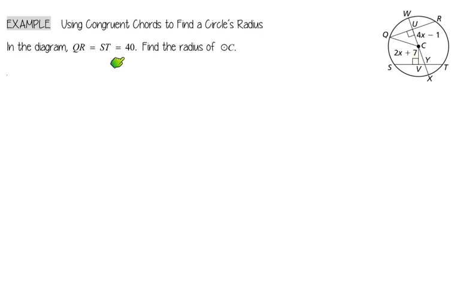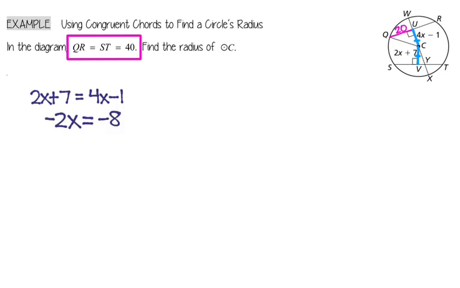It's also telling us that the length of QR is the same as the length of ST. So we know that these two chords, QR and ST, are congruent. And if the chords are congruent, then we know that these distances, 4x minus 1 and 2x plus 7, must be the same.